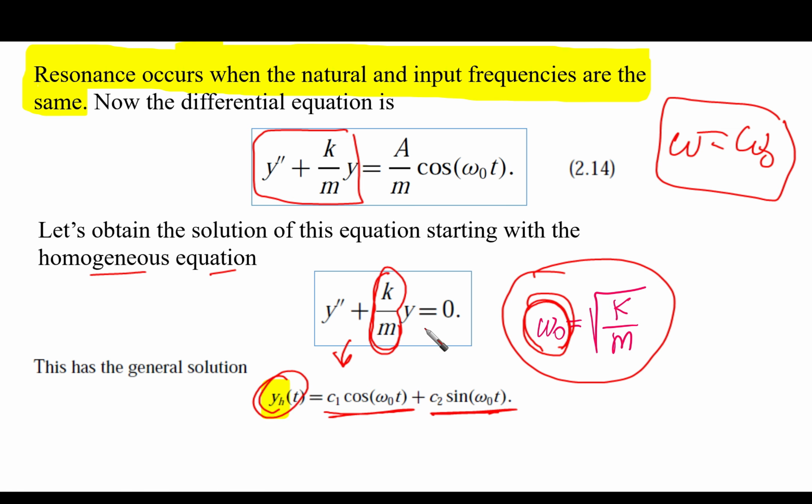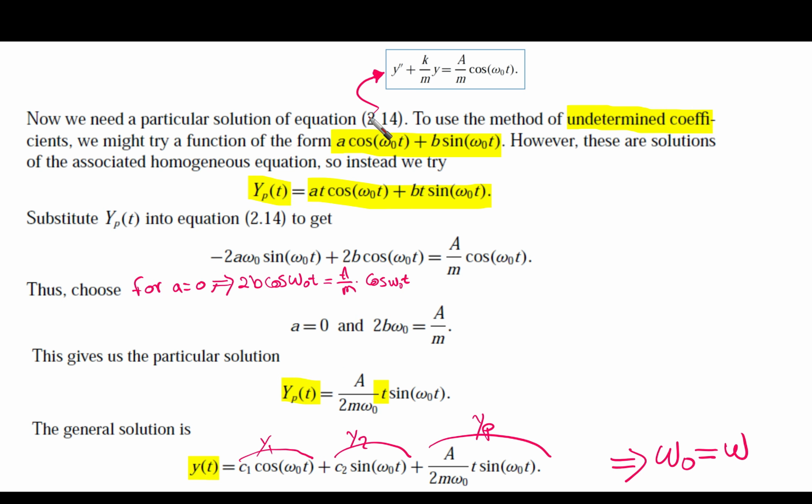Let's go to the non-homogeneous equation to find y particular. So now the particular solution, this is the equation here. We are going to use undetermined coefficients, and we are going to assume A cosine omega naught t plus B sine omega naught t.